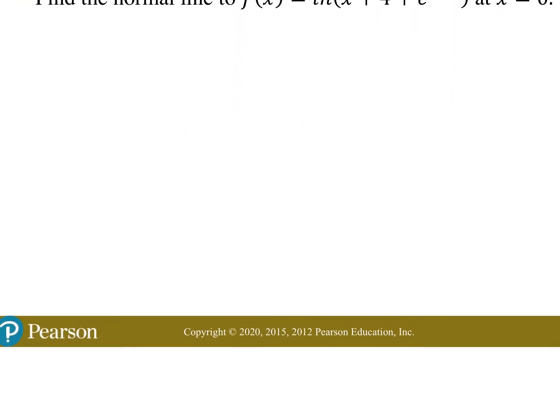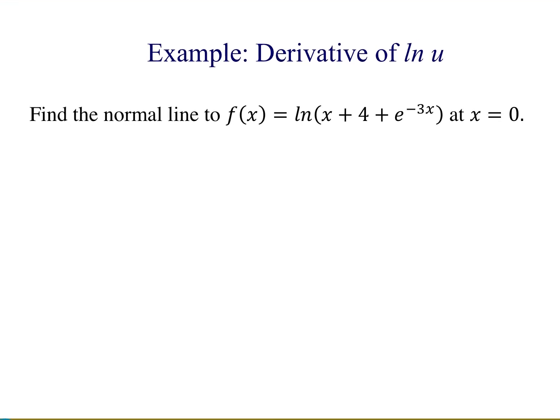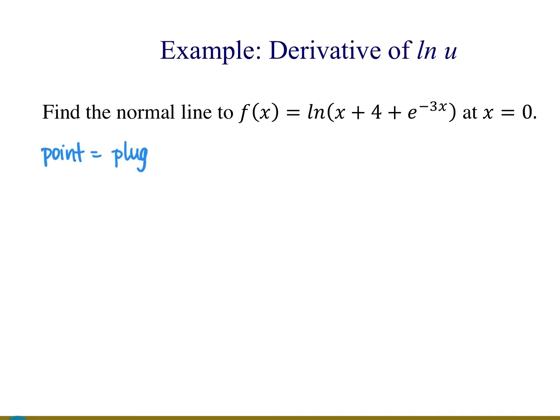Okay, for this last example, let's tackle looking at the normal line. So again, we always need to be thinking about our point and our slope. So remember, for the point, we're going to plug x equals 0 into f of x.